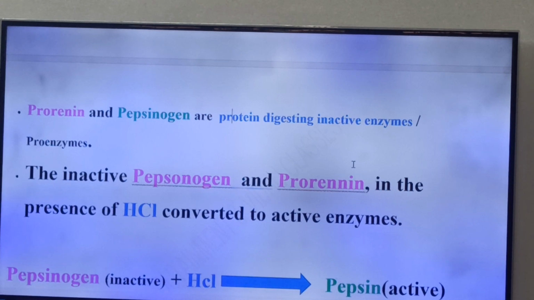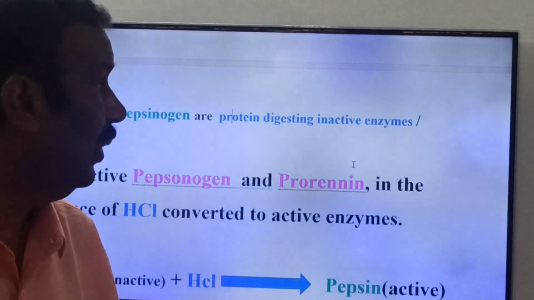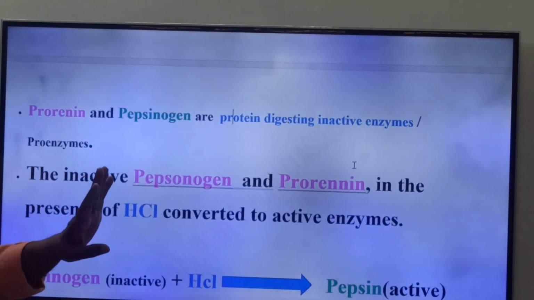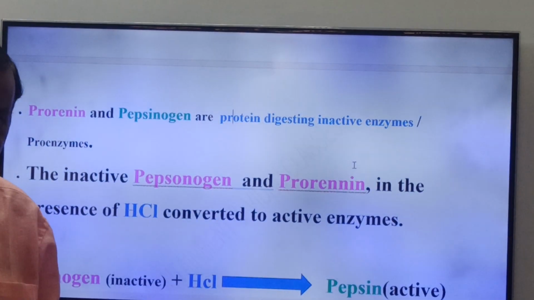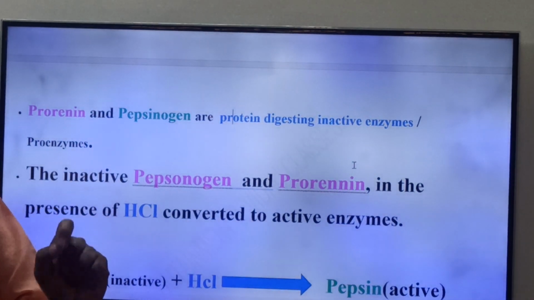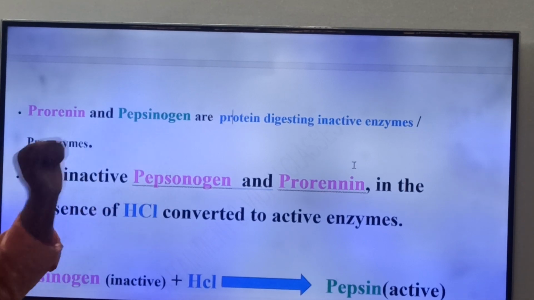So prorenin and pepsinogen are the inactive enzymes. These inactive enzymes are also called proenzymes. So the inactive enzymes secreted by the gastric glands are prorenin and pepsinogen.